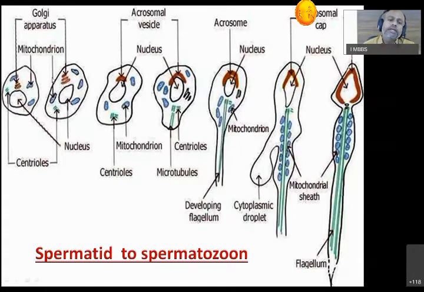Here we can see the change in the shape of these oval-shaped cells. The nucleus is moving towards the upper pole of the cell. Here you can see the Golgi apparatus, this brown color, forming a cap surrounding the nucleus.